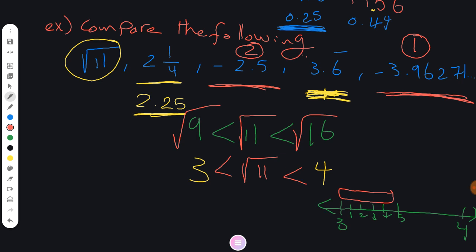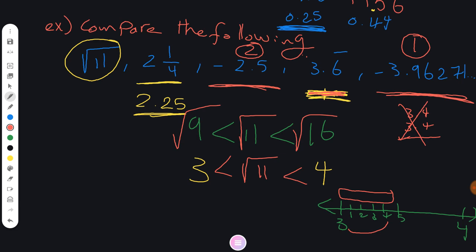Let's try 3.4. 3.4 times 3.4 equals... By the way, it's about 3.4. It will not become 3.6. You don't have to do this; I can make a very easy way. It's very near to 3, so it's less than 3.6. Yes, less than 3.6. 3.6 is greater.